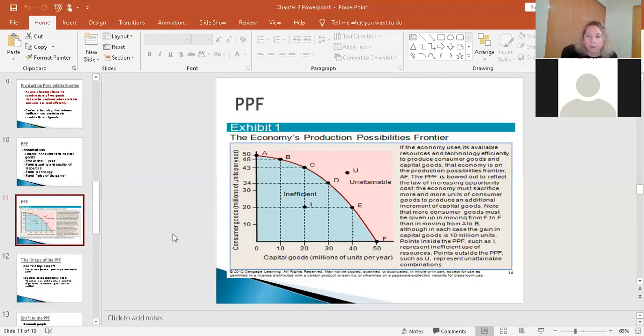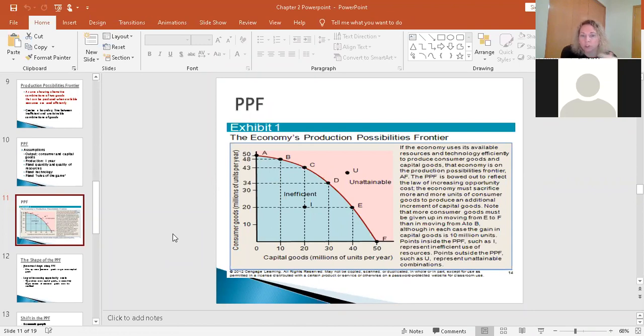So some economies' pool of resources might actually be better suited to making consumer goods and not to making capital goods. So as we begin to convert our production from one to the other, what we find is that the resource pool that we have is better suited to making one or the other.